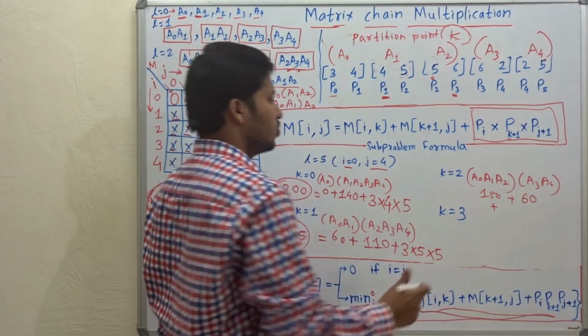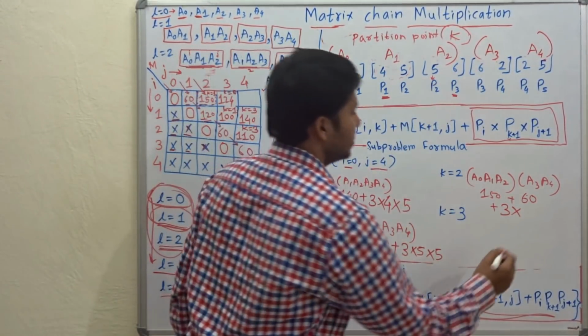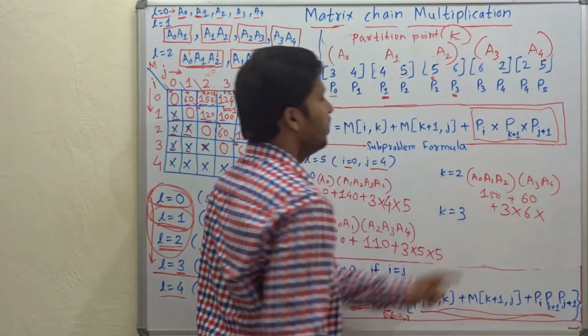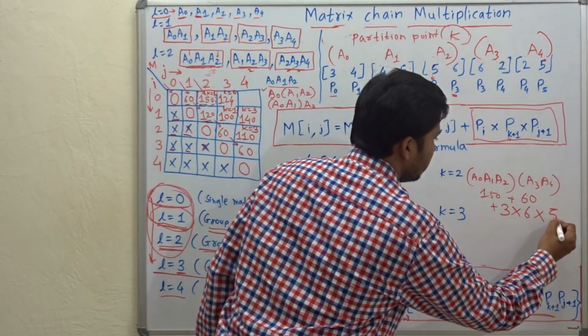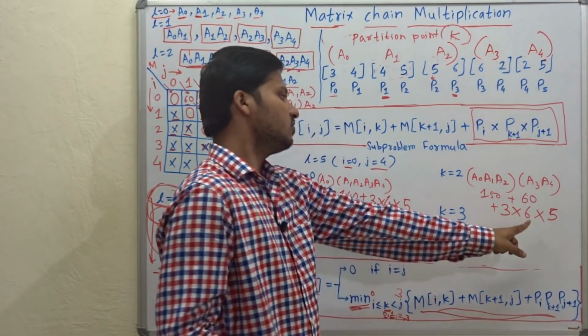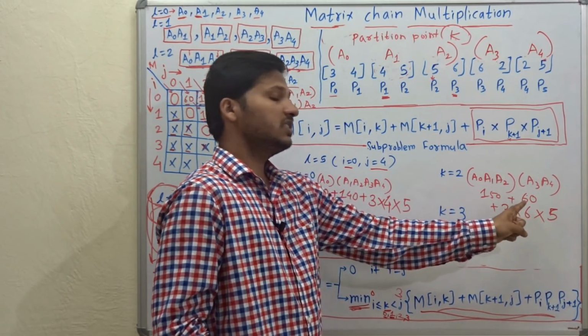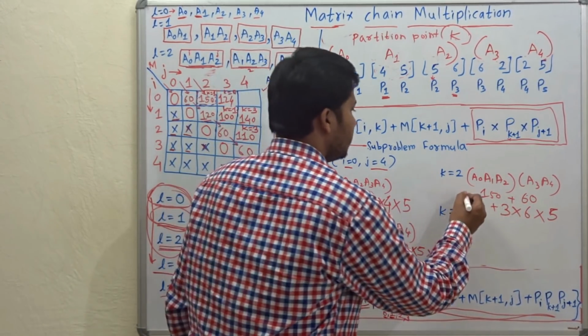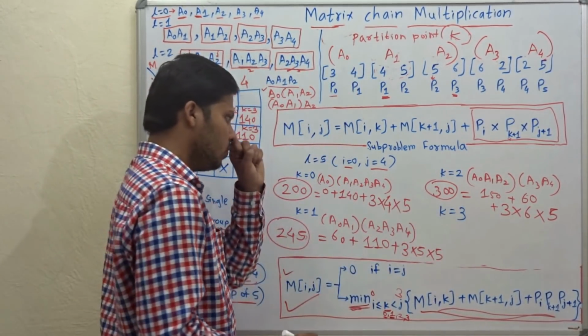So the first dimension of the first partition is 3, into the first dimension of the second partition, which is 6, into the last dimension of the second partition, which is 5. So 3 into 6 is 18, 18 into 5 is 90, 90 plus 60 is 150, 150 plus 150 is 300, which is the cost for k equal to 2.